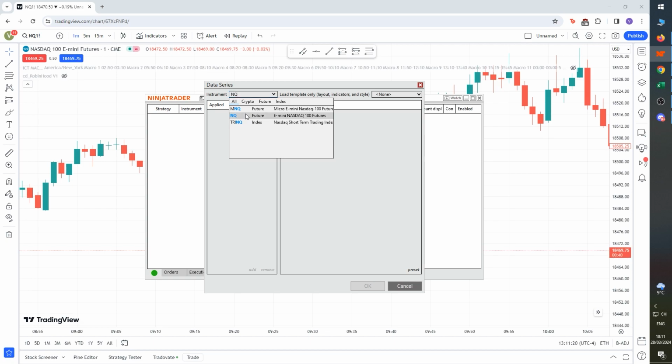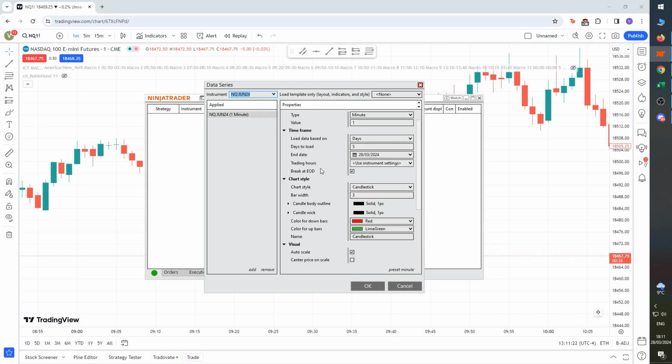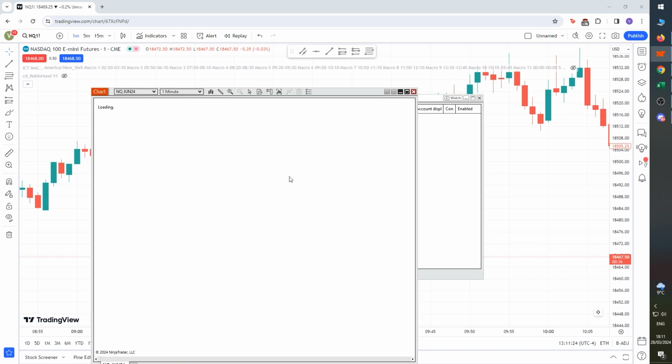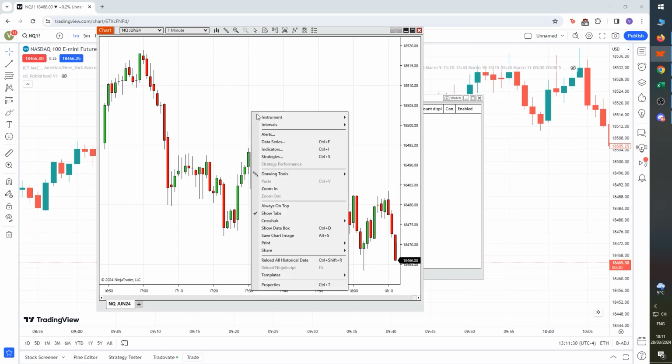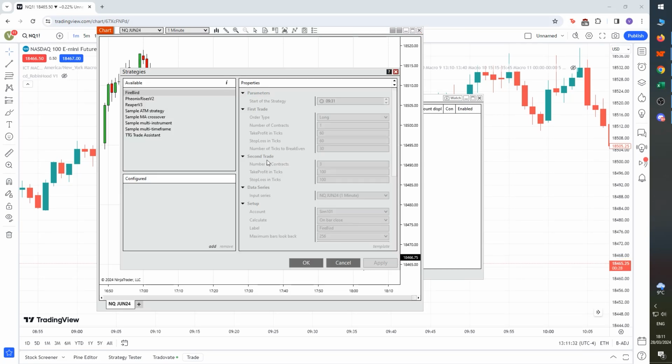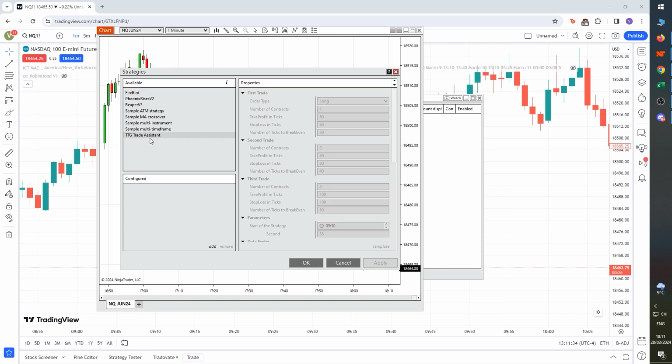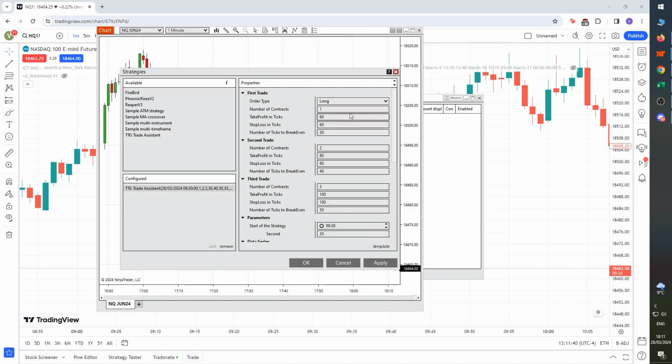So I go NQ, whatever you trade. Just press OK. And here's the chart. On this chart, I right-click, go to Strategies. Then here, the trade assistant should show up if you installed it correctly. Double click on it. And here are the settings.